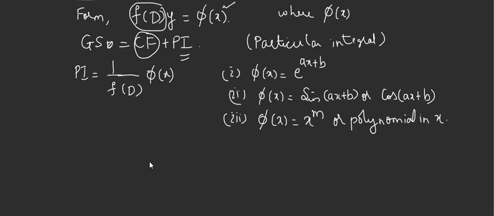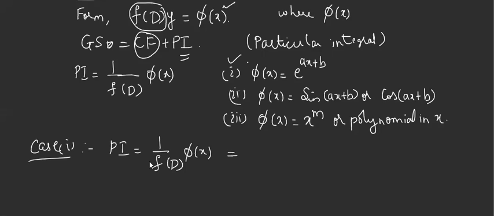Today, I will discuss the first case, called case 1 or type 1. The particular integral general format is 1 upon f of D into phi of x. This is true for all 3. Now, the first case I am taking is when phi of x is e to the power ax plus b.